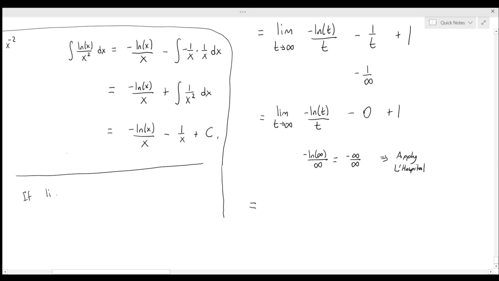L'Hopital's rule was if you have a limit as x approaches something, could be a number, could be infinity, of a function over another function, and if it's giving you a 0 over 0 or infinity over infinity indeterminate form, then you can evaluate the limit by doing the limit of the derivative of the numerator over the derivative of the denominator.